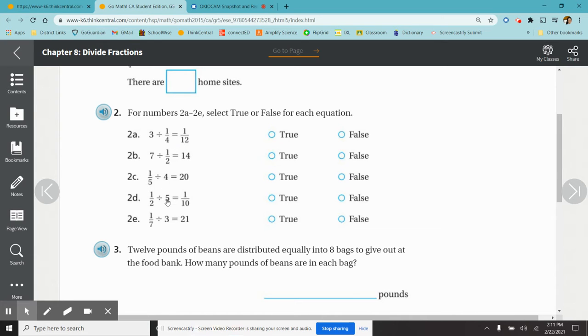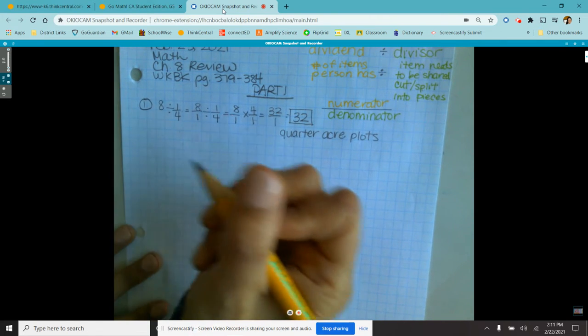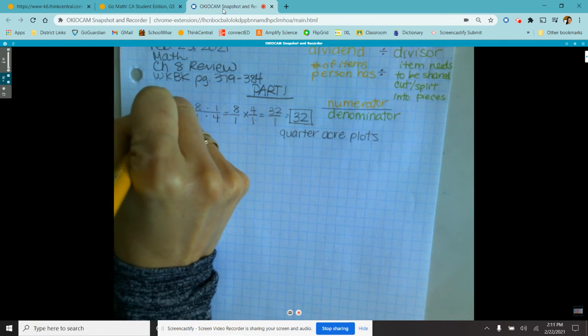And when the divisor is a whole number, it's going to be turned into multiplying fractions. So right now, if you just follow those rules, I know that that's false, that's true, that's false, that's true, and that's false. But that is not how we do math. We like to show our work. So we're going to show our work.